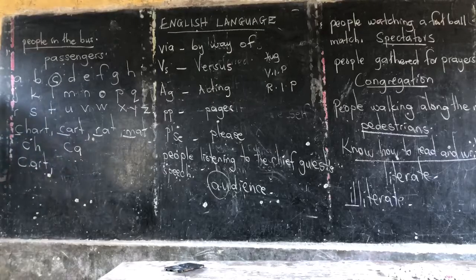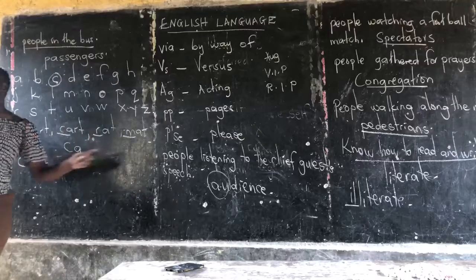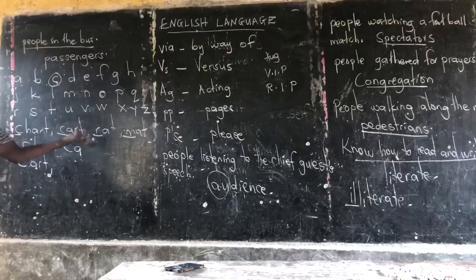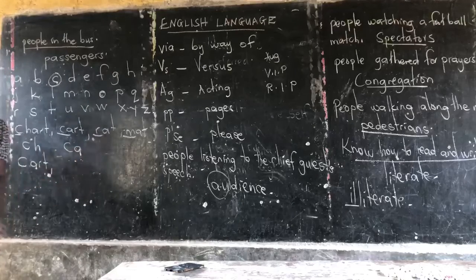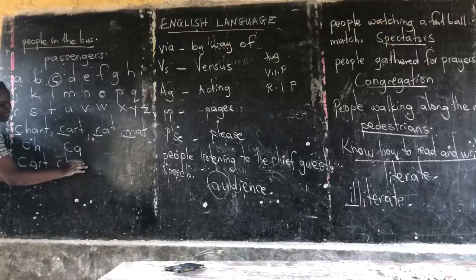Are we done? No. We were dealing with the two words that have letter C. So if one comes first, another one is the second before you go to any other one. Once you are comparing two words, three words, first deal with those ones before you tamper with any of the rest of the words. You have the cat, this one comes first.